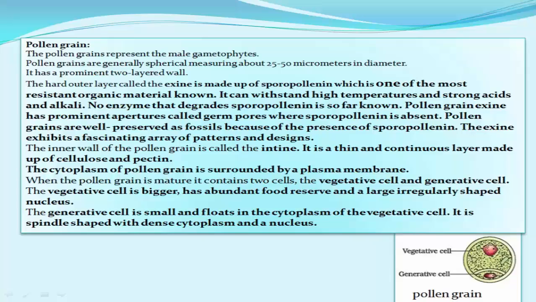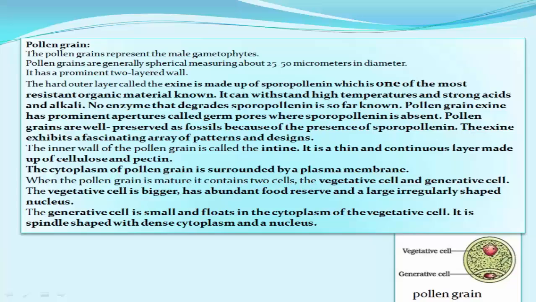Why is sporopollenin a resistant organic material? Because it can withstand high temperature, strong acid and even alkaline exposure. And another very important statement about this one: no enzyme that can degrade sporopollenin is known so far.